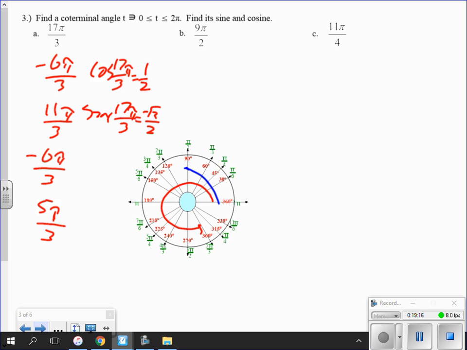So I did it that way. So the coterminal angle would be pi over 2. And then what are the cosine and sine? Cosine straight up would be 0. Sine would be 1.